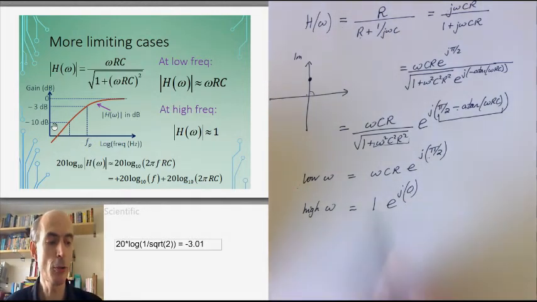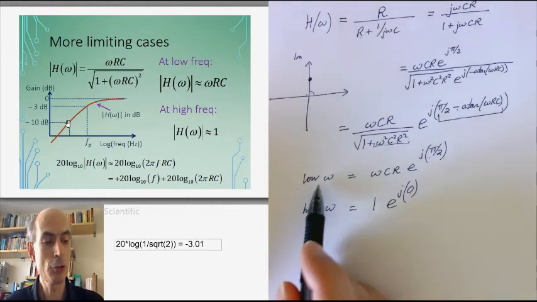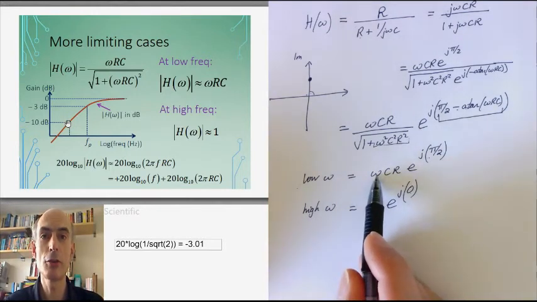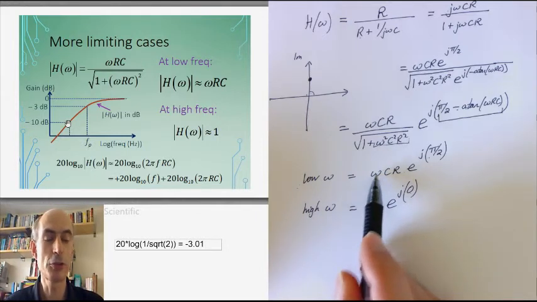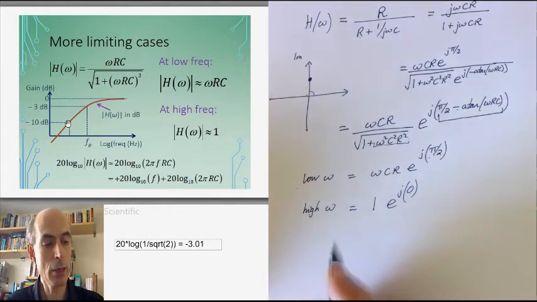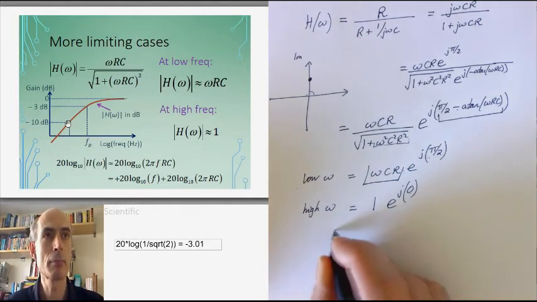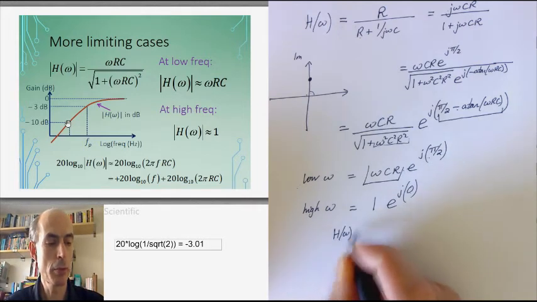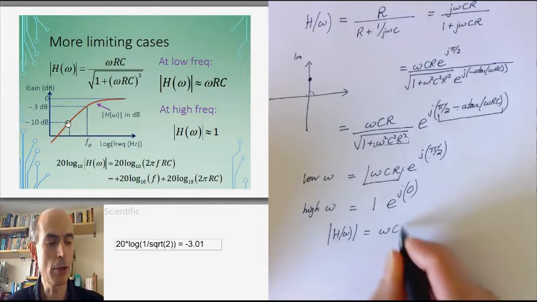I can think about this low-frequency approximation in terms of the asymptotic behavior of this graph as well. Similar to how I did before, just express this in terms of dBs by taking 20 times the logarithm to the base 10 of both sides. If I just consider the amplitude response, the modulus of h of omega equals omega CR.